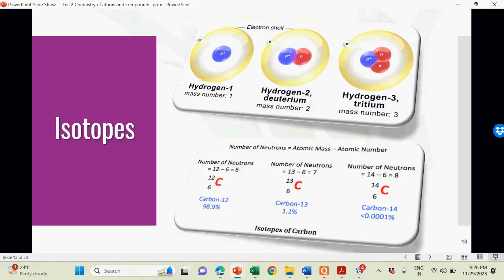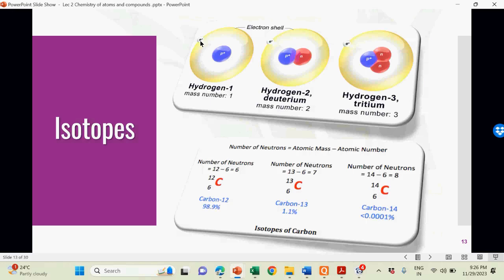Hydrogen 3 or tritium has the mass number 3, and it contains 2 neutrons plus 1 proton, and still it has only 1 electron. So another point to remember and imagine in this diagram, if you look at the 3 different examples, is that the size of the electron is very small compared to the proton.